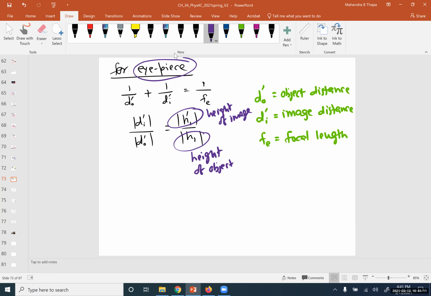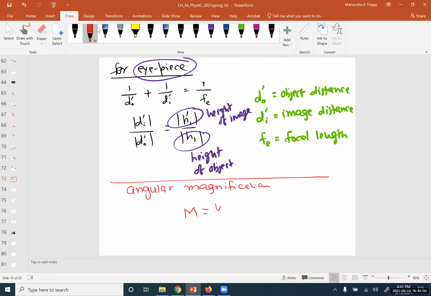Okay, so our next goal is to find this magnification, angular magnification. So we know that angular magnification we defined as before is theta prime over theta.